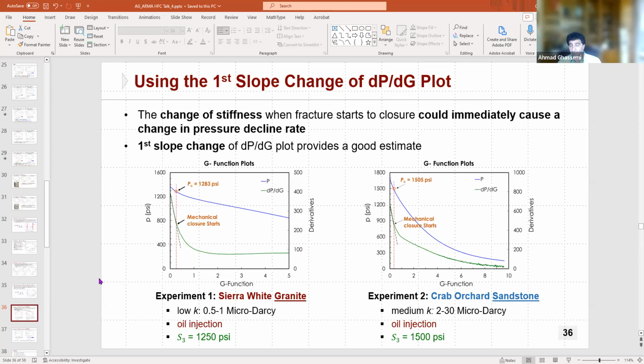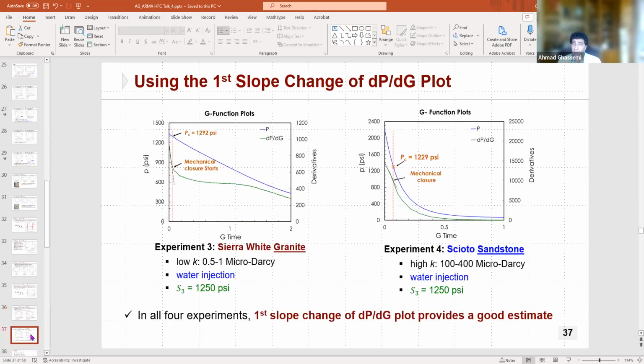You can compare those with 1250 and 1500. So a little on the higher side, but the difference is very small, and the estimates are very good. For the Sierra White granite with water, 1292 versus 1250 applied stress. And for the Scioto sandstone, 1229 versus 1250.